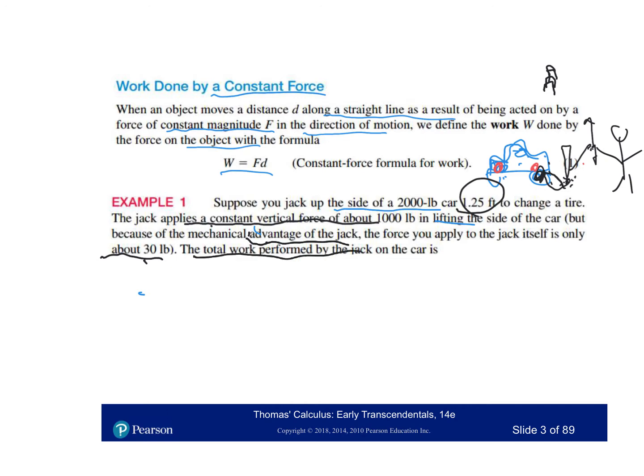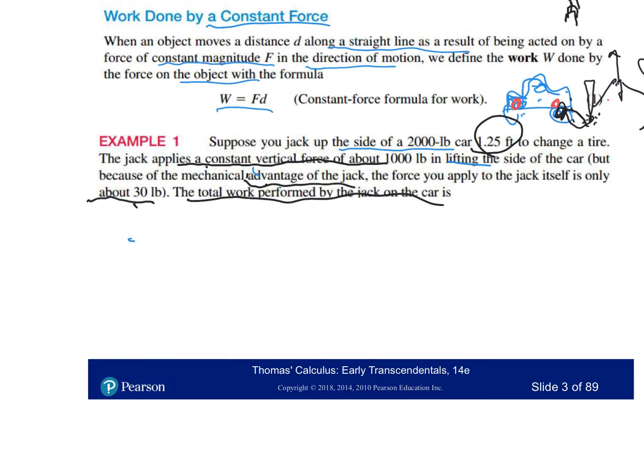We want to calculate the work done by the jack. It's a constant force, so work equals constant force times the distance.